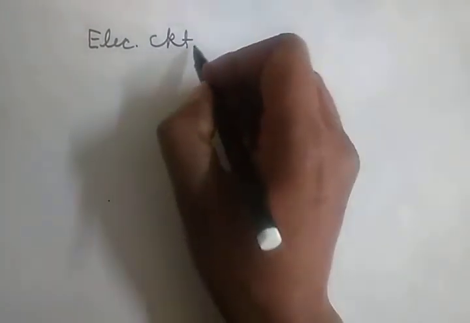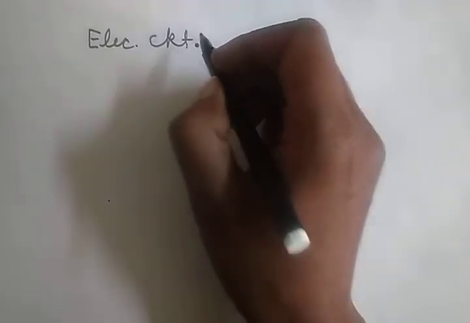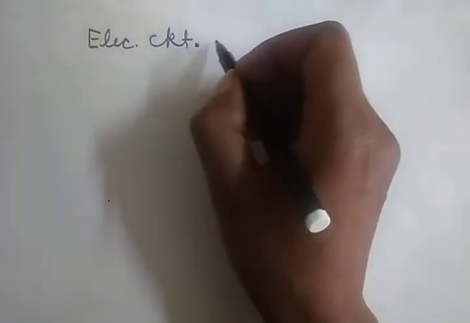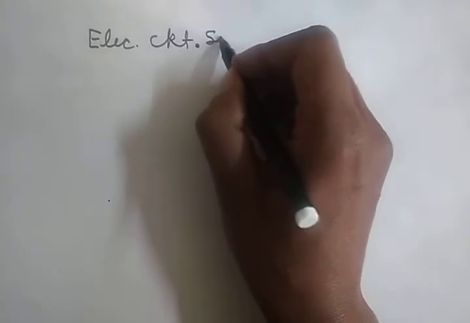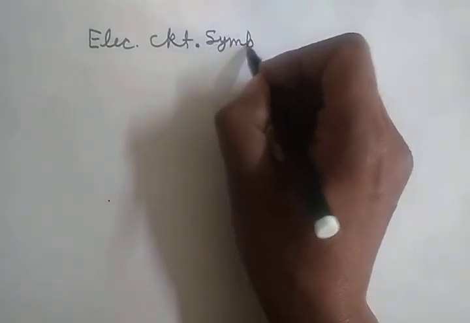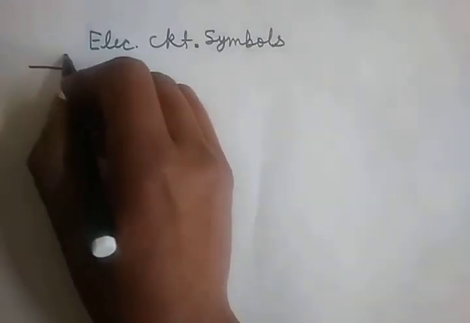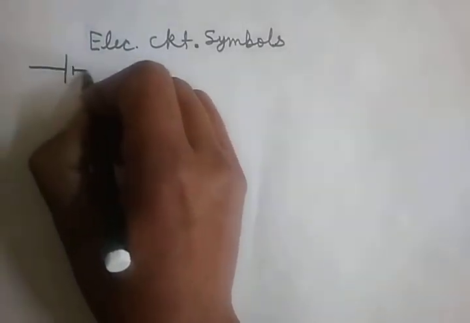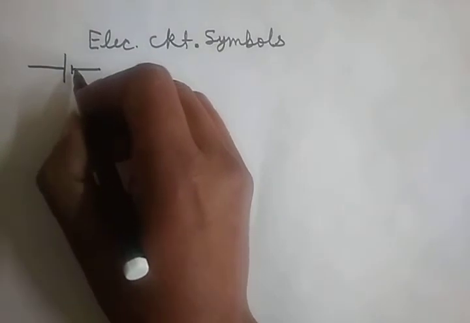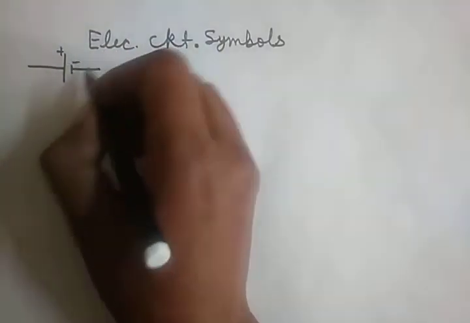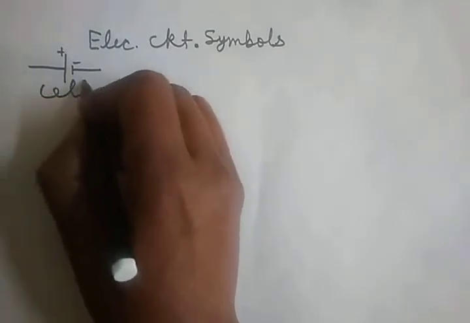Don't be amazed that a K is coming, it is just in pronunciation. So electric circuit symbols. This symbol, a longer line and a shorter line, the longer line is positive, the shorter is negative. It is used for a cell.